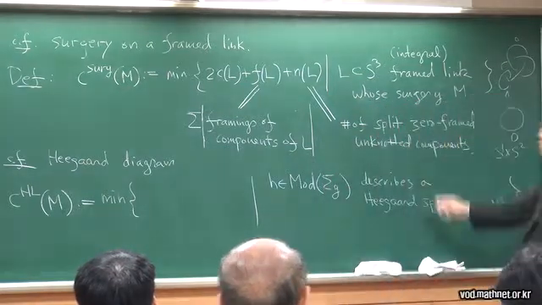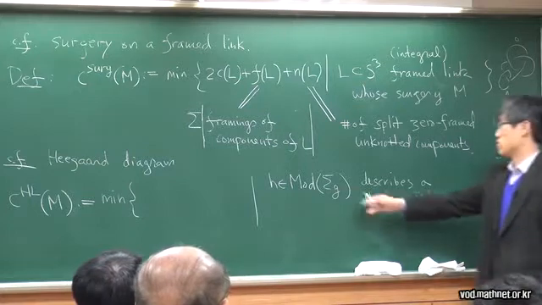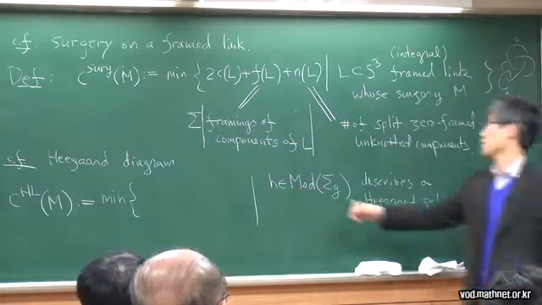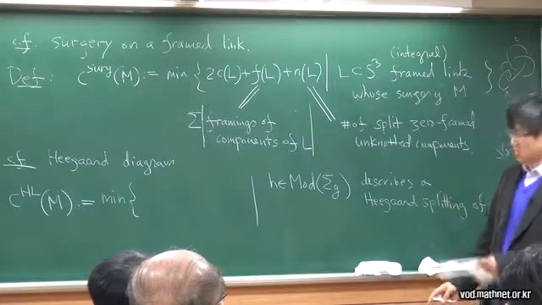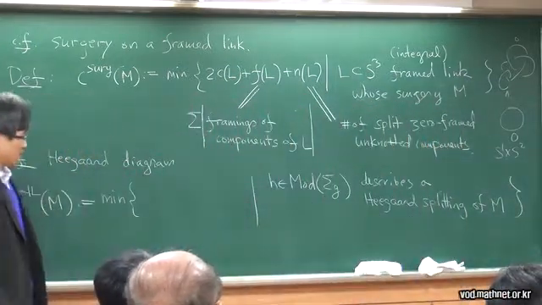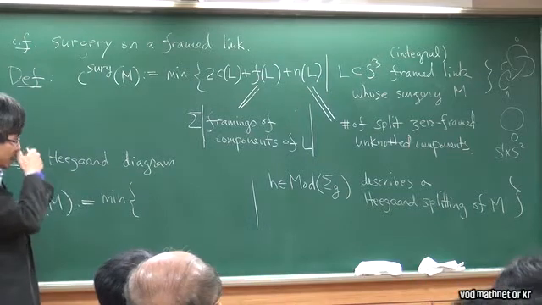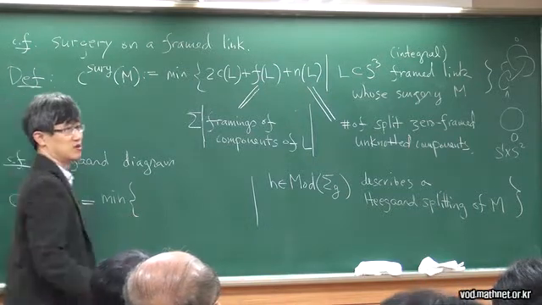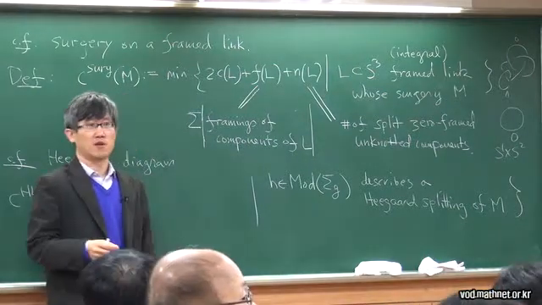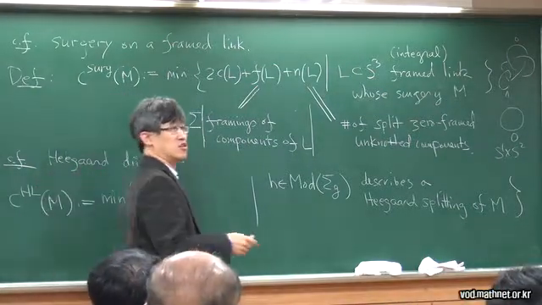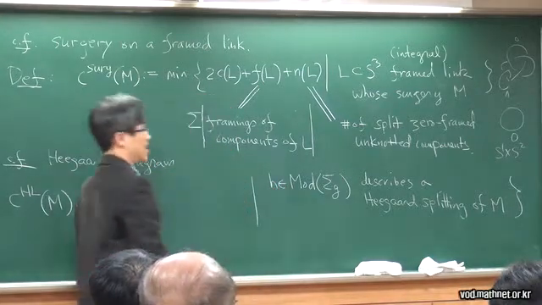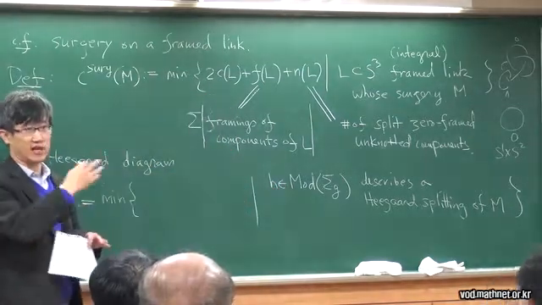Then I want to measure how complicated this mapping class is. So now I adapt some fundamental idea from geometric group theory. So this is a group, the mapping class group, and a natural thing to measure the complication of an element in a group is to look at the word length.